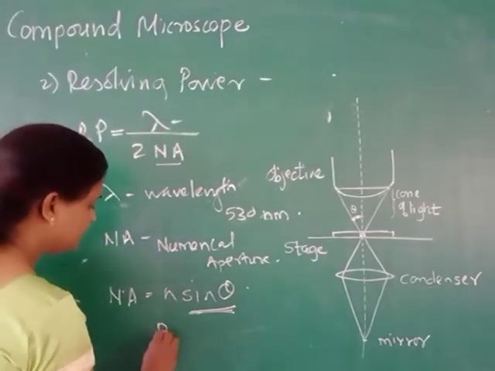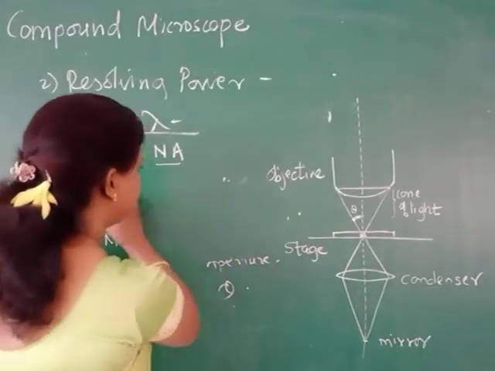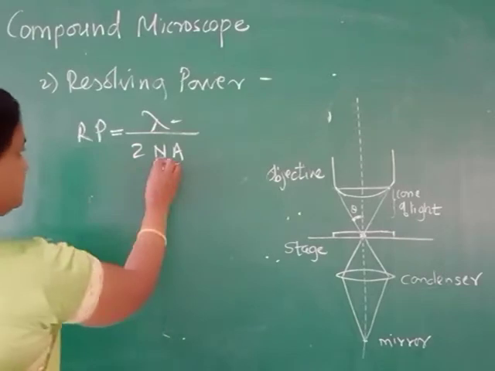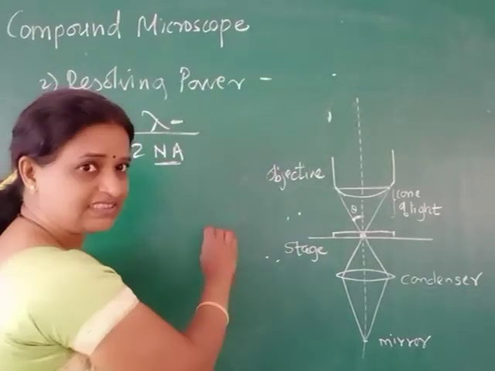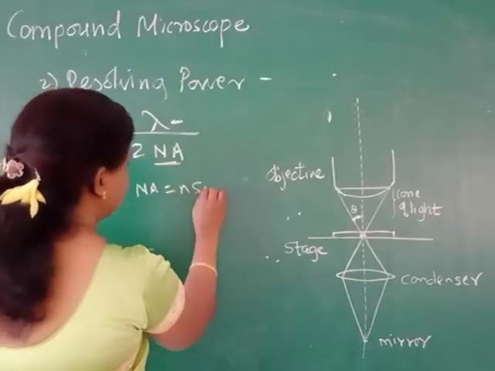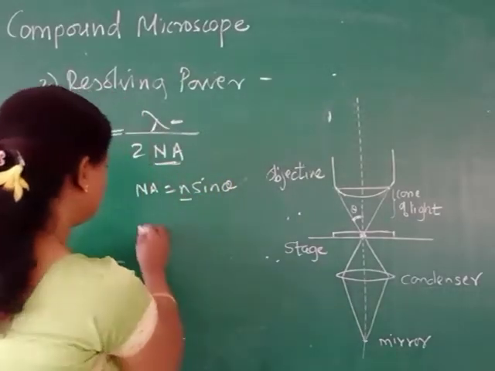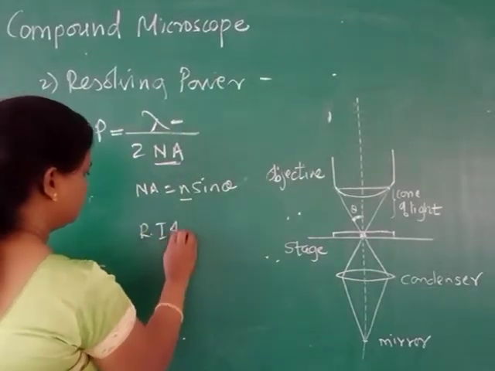And n is the refractive index of the medium. So lambda is the wavelength of light, and NA you can calculate as n sin theta, where n is the refractive index of the medium.